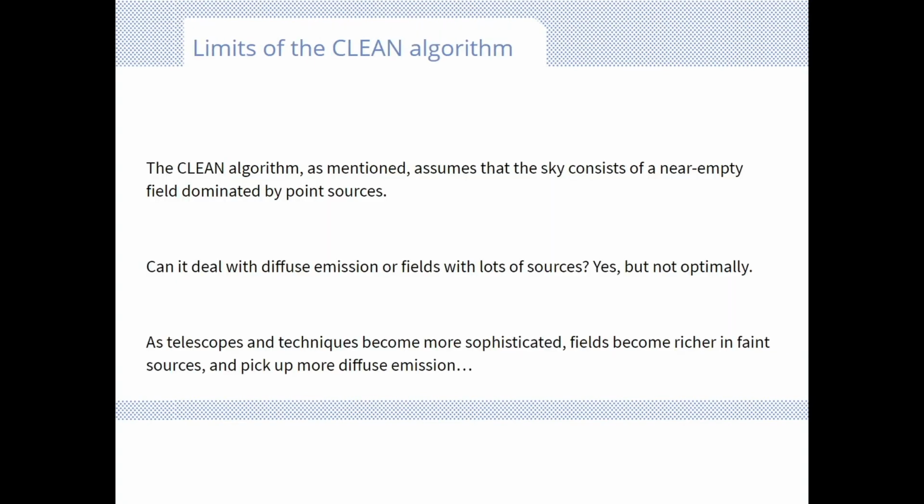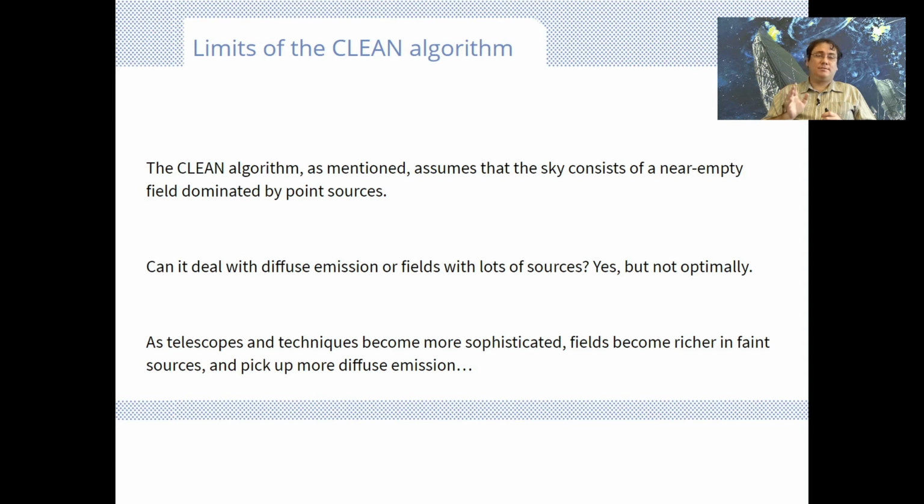So, well, you could say this deconvolution algorithm is quite simple, and therefore it's also quite restricted, right? So the CLEAN algorithm assumes that you essentially have a near empty patch of sky that you're trying to deconvolve, right? And that patch of sky further is dominated by just point sources, so unresolved sources.